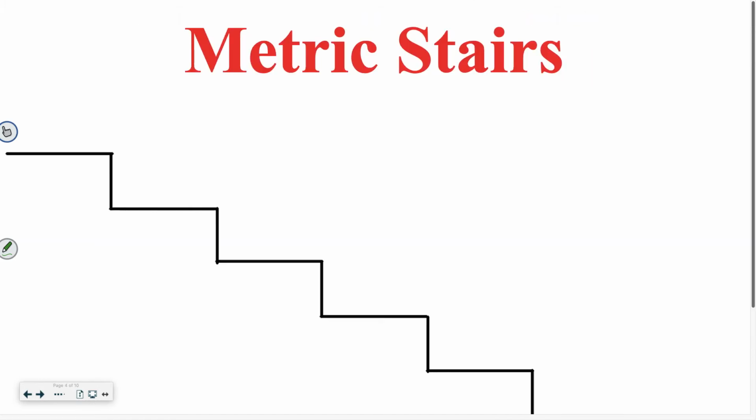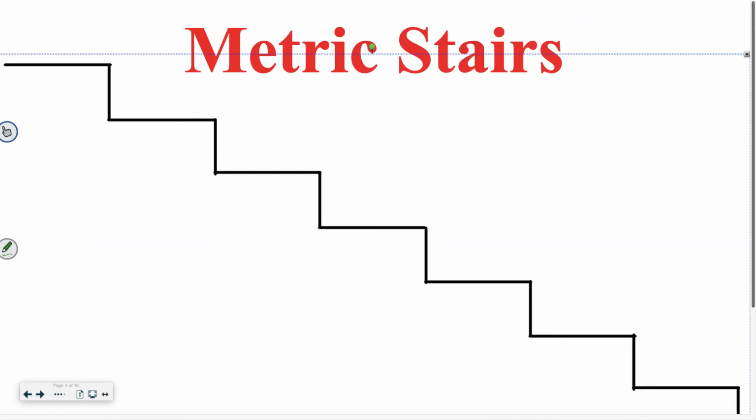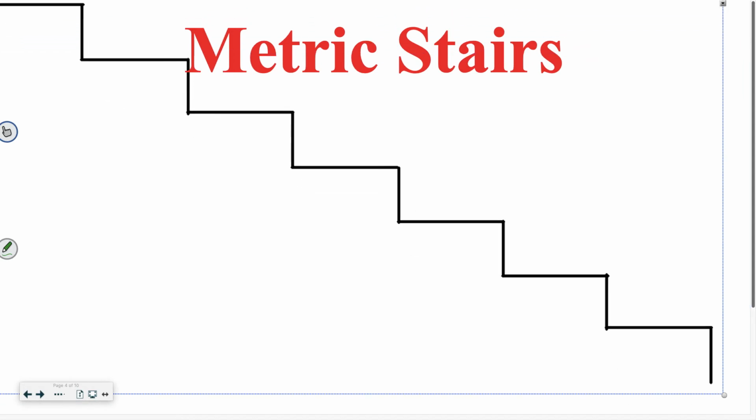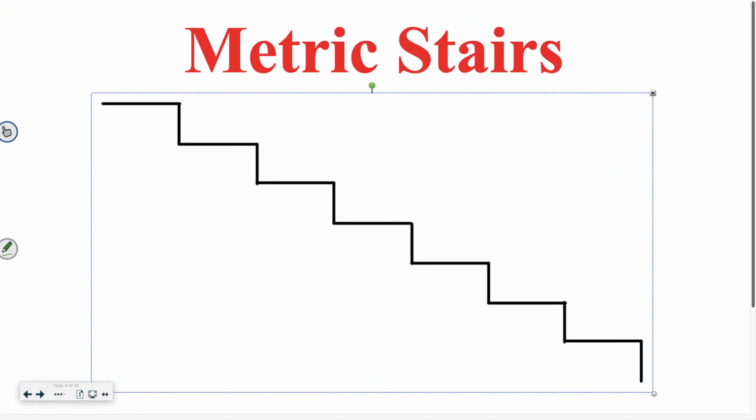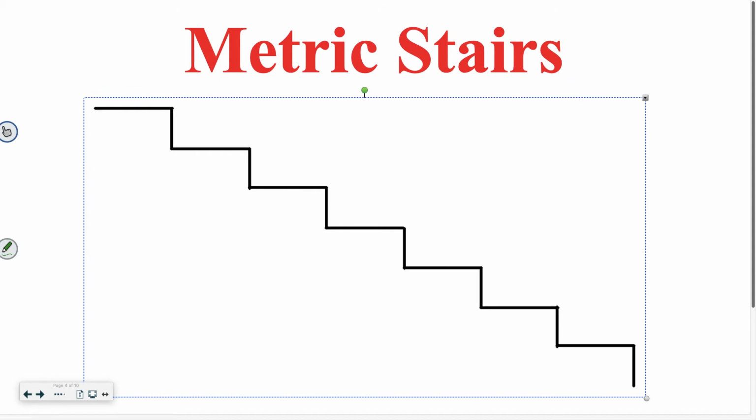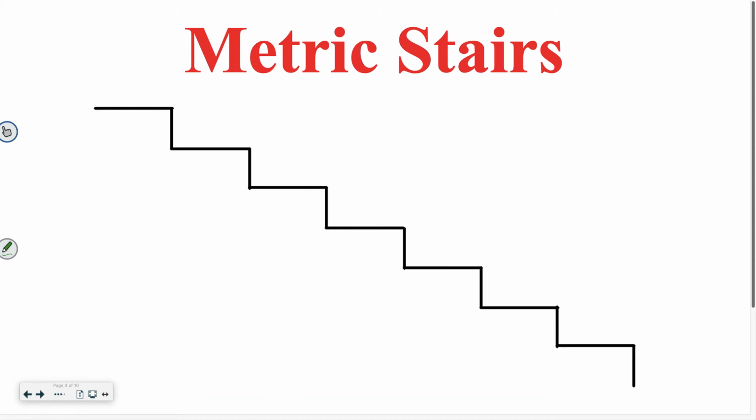Now let's talk about what metric looks like. I'm going to shrink this down a little bit. We have something called the metric stairs. This helps you figure out going from bigger to larger.